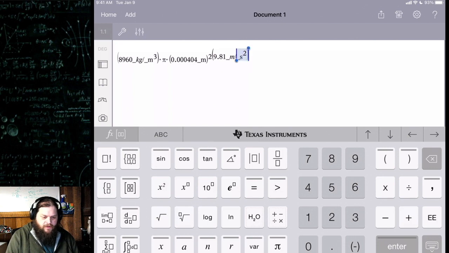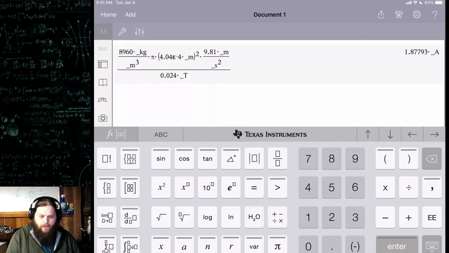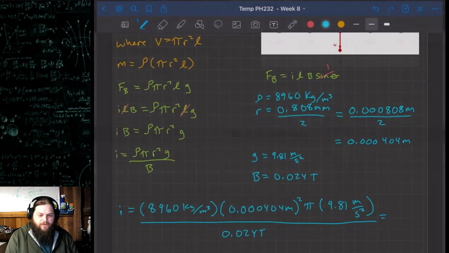Of course, that's all in the exponent where it shouldn't be. That's better. I'm going to divide that whole thing by our magnetic field. And we get 1.878 amps.